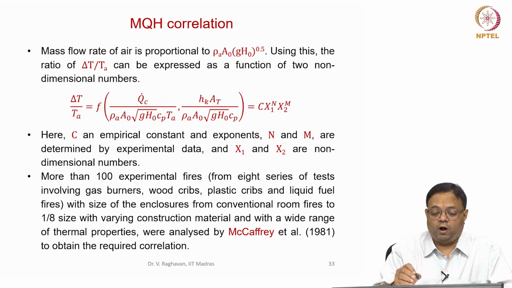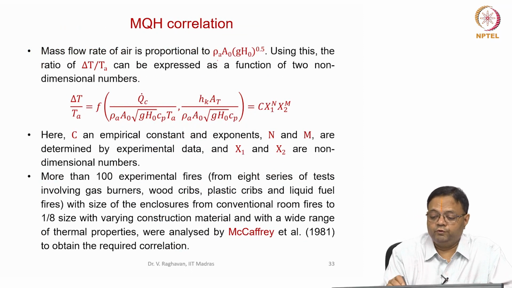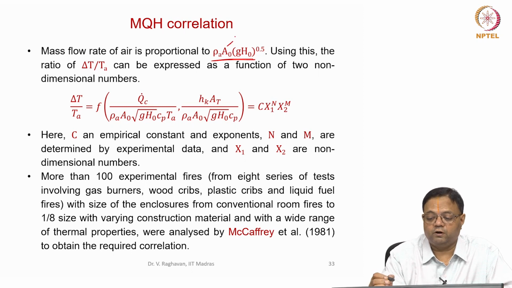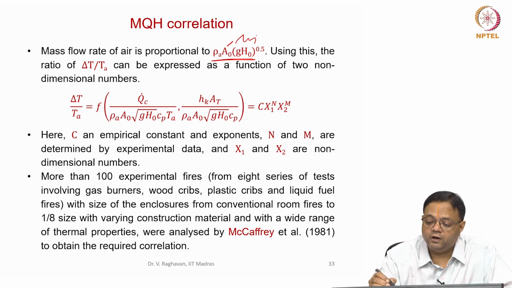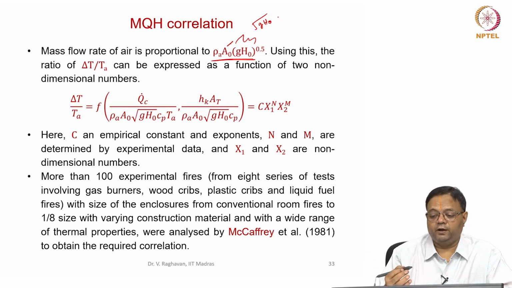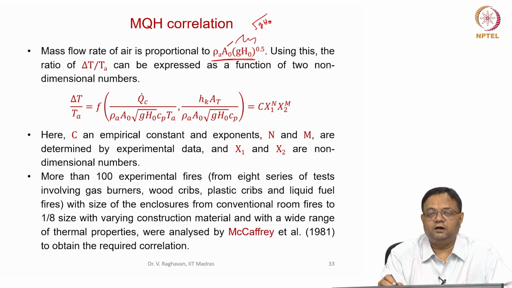Now, mass flow rate of air, we know that it is proportional to density of atmospheric air, into area of opening of the vent and the velocity which is induced. That can be approximated as under root g into h naught, something like a buoyancy driven velocity.